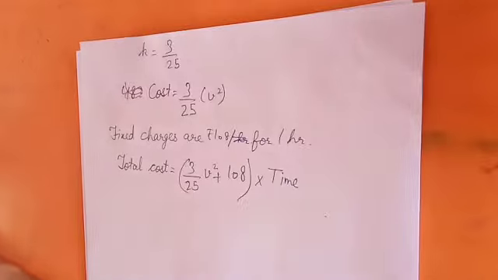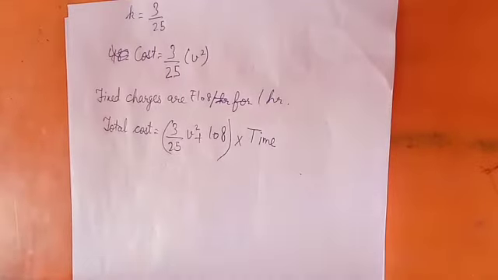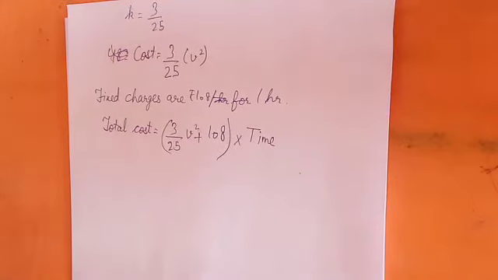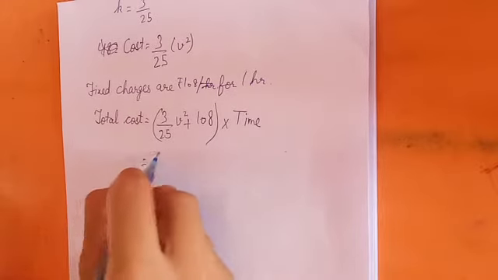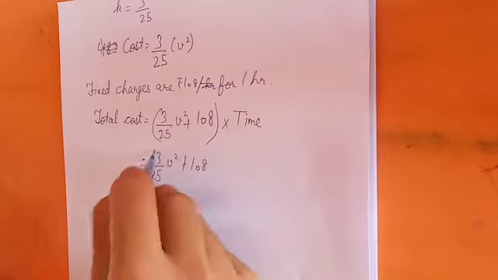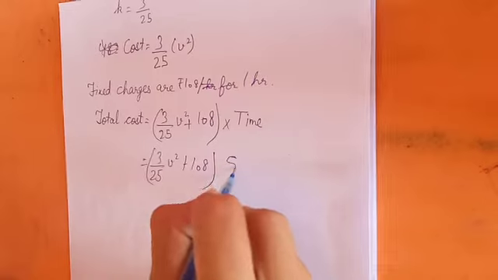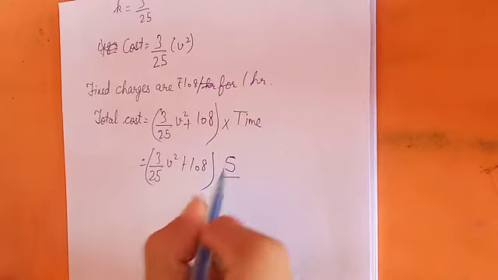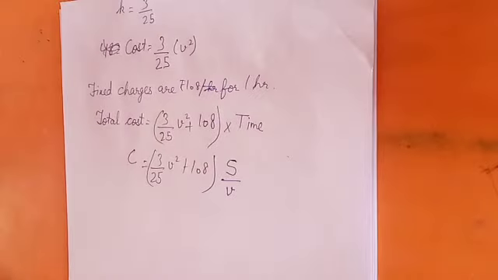Okay, for how much time the bus is running, accordingly the charges will move on. And what is time? Time is distance by speed, so we can write 3 by 25 v square plus 108 into distance. Distance was s, and speed was v. That will be our total cost.